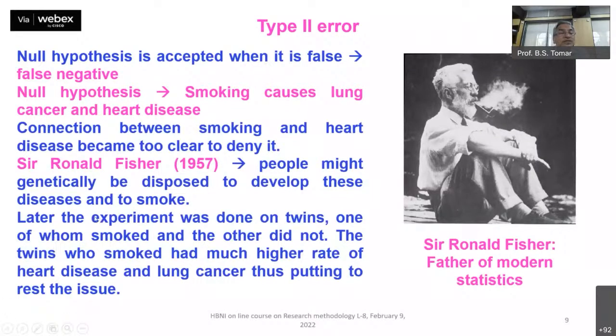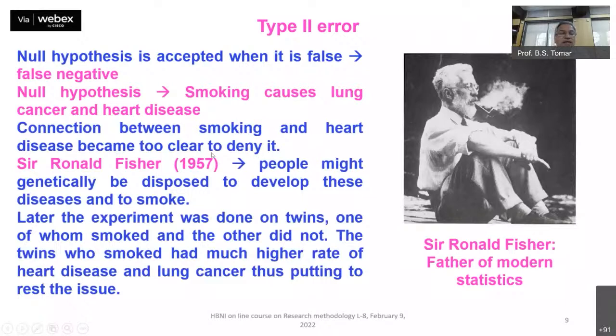So the null hypothesis example is: smoking causes lung cancer and heart disease. All of us know that smoking leads to heart problems and lung cancer. Now, the connection between smoking and heart disease became too clear to deny, because everybody knows it. But in 1957, Sir Ronald Fisher, who is the father of modern statistics, and who was a chain smoker, said that it is not this connection.